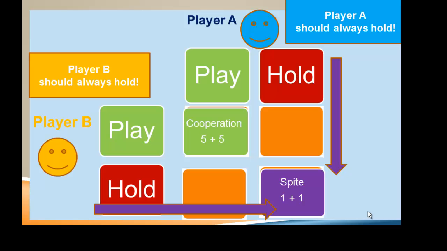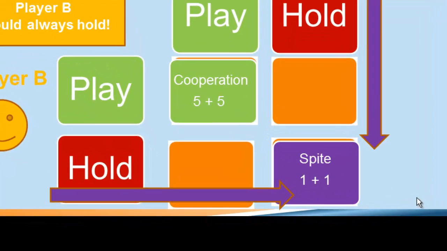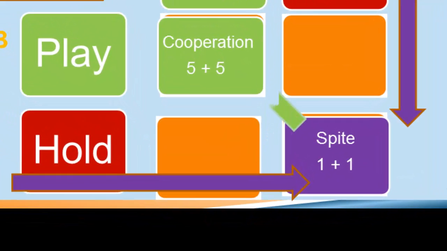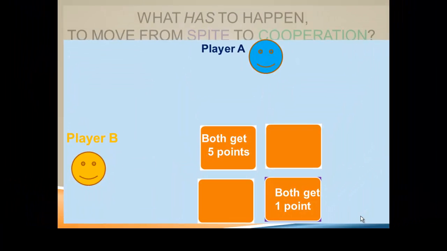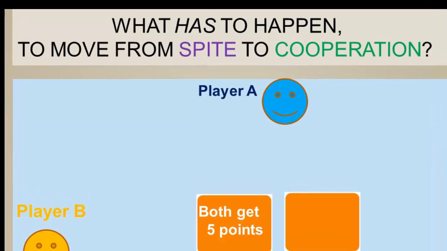And it appears that if they both play their own self-interest selfishly, they're going to continually end up in the spiteful corner. And our question is, how do we get out of that spiteful corner and up into the cooperative corner? So what has to happen to move from spite to cooperation, from both getting 1 point to both getting 5 points.